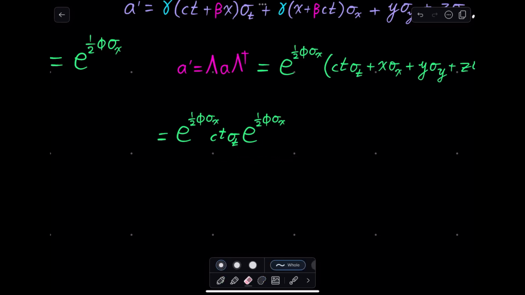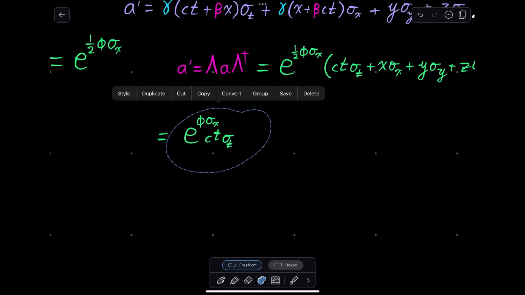So we can just move this to the other side here, and these exponentials will just combine, and we end up with e to the phi sigma x times ct sigma t.